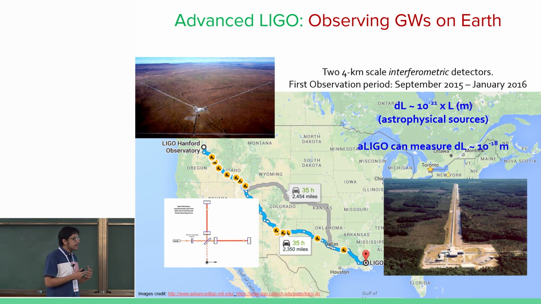As these highly compact systems inspiral and coalesce, they change the very nature of space-time around them in a time-dependent fashion, and this change propagates outwards from the system in the form of gravitational waves.